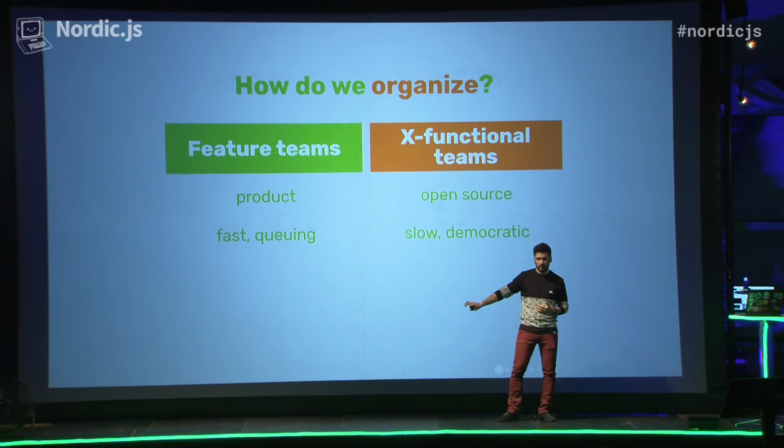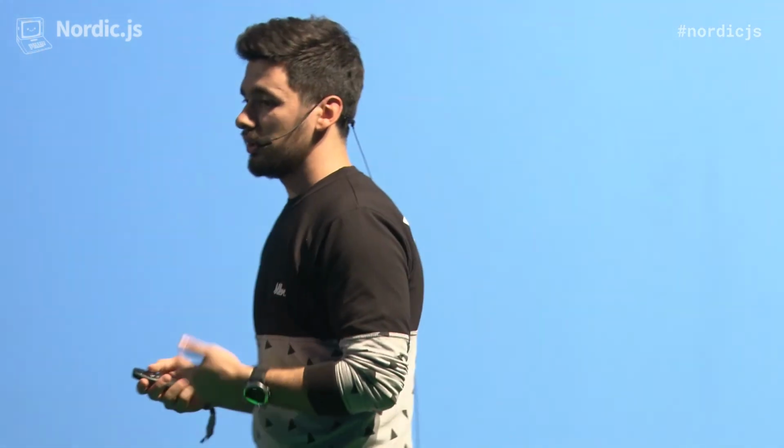So even if that team working on common is really fast, they will still have a long queue of work to do, and sometimes teams may have to wait on them. On the other hand, if you have a cross-functional approach, even though you have to know a lot of code bases, which takes a long time, you are able to ship alone, meaning that you don't depend on other teams. So it's more democratic.